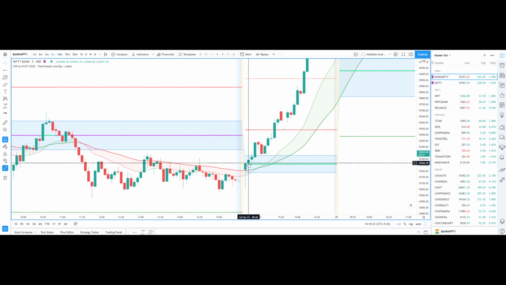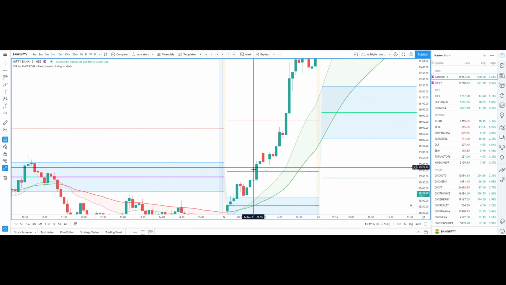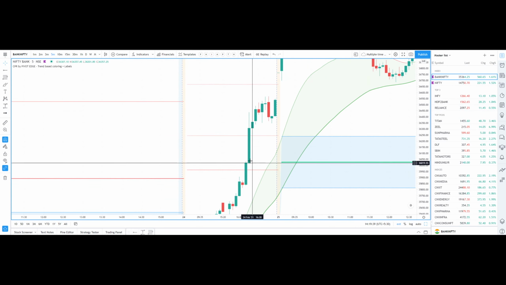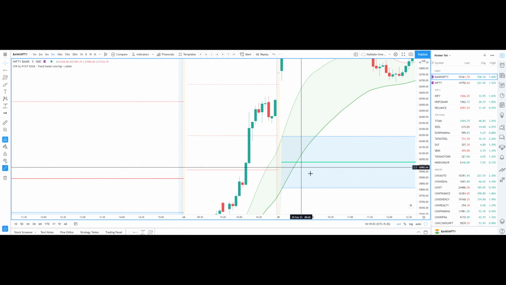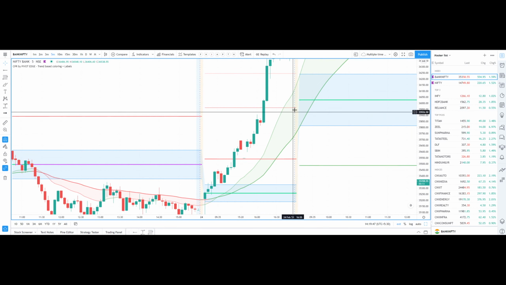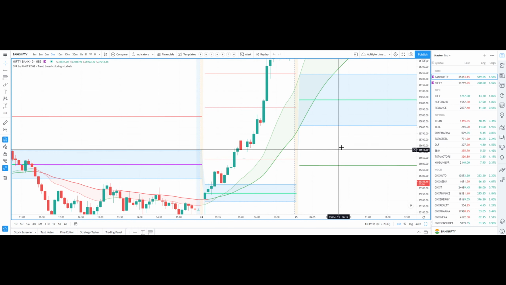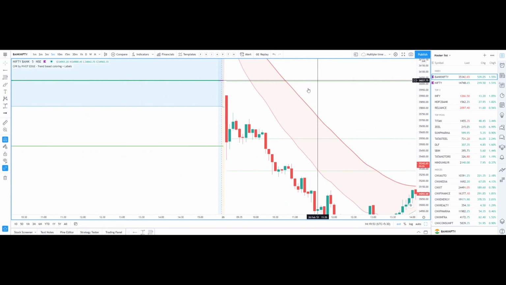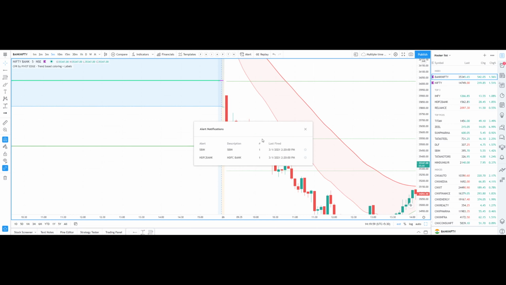So these are supports. Again this is breaking, so this acts as a support. Here this candle is breaking, now this level will act as a support. Buy at support, because here you see this is a bullish trend or an uptrend. So in an uptrend, buy at supports, and in a downtrend, sell at resistance. This is the basic fundamental theory.